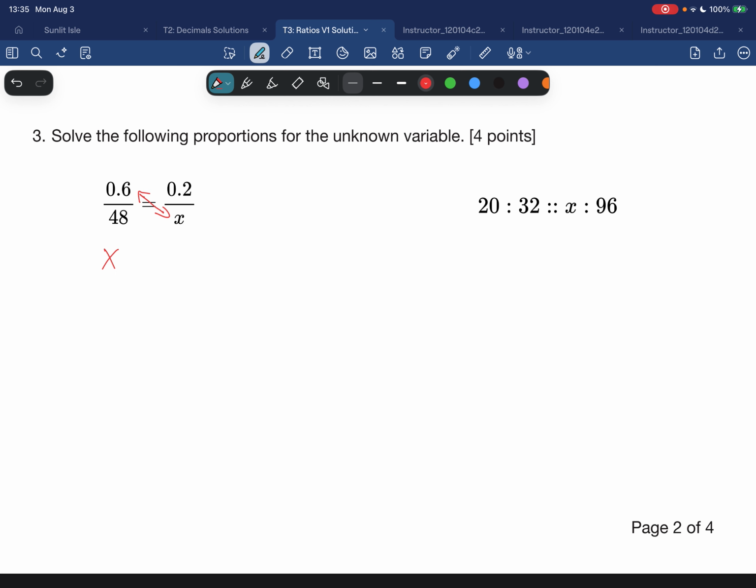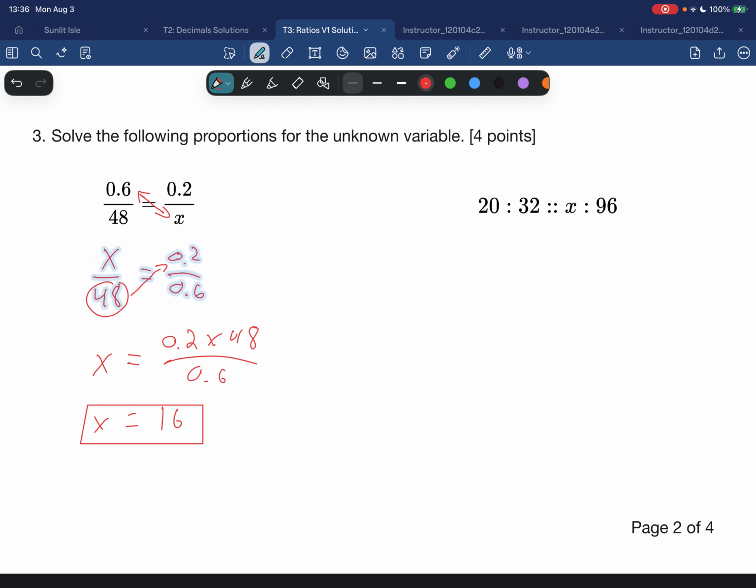So we have x over 48 equals 0.2 over 0.6. Now we can take the 48 and multiply it up to the 0.2. If we don't want to swap their places, we just multiply them. So we get 0.2 times 48 over 0.6. x equals 16.